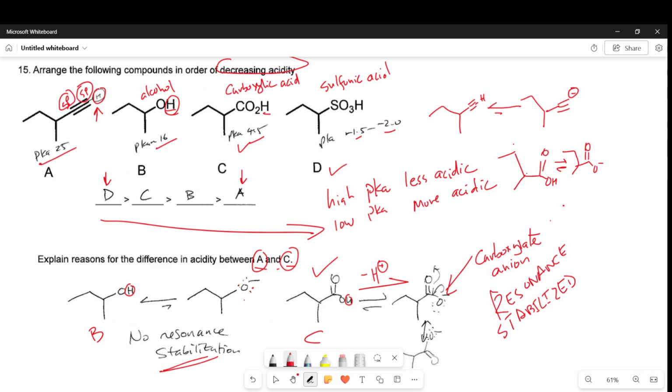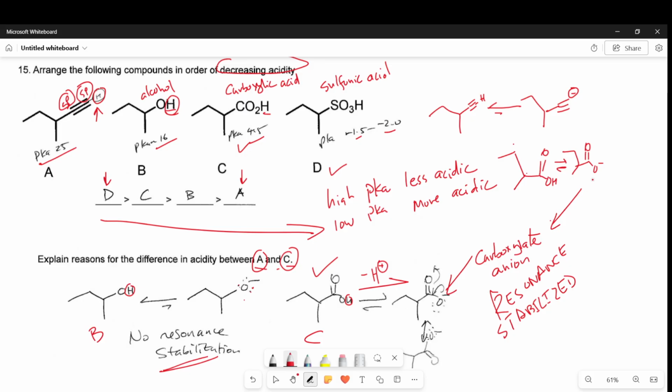This carboxylate anion, as I said, is resonance stabilized. But this negative charge is not resonance stabilized, and the negative charge is on carbon. So this is less stable than this one.